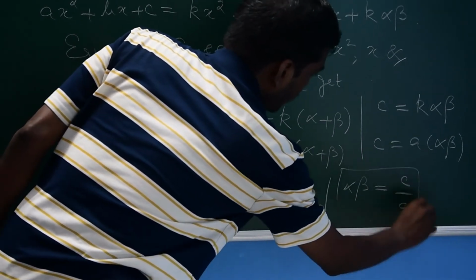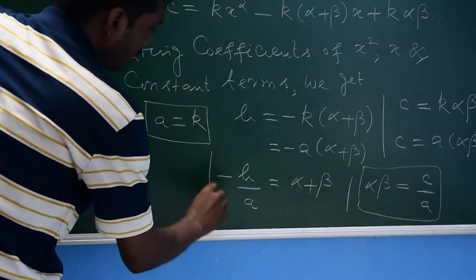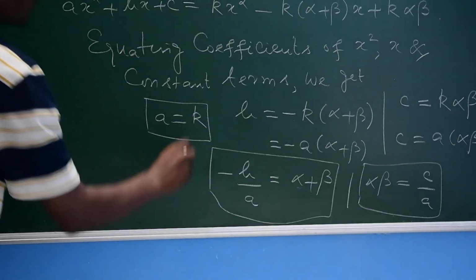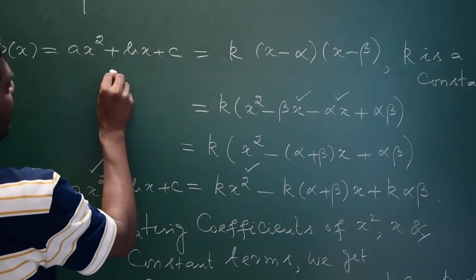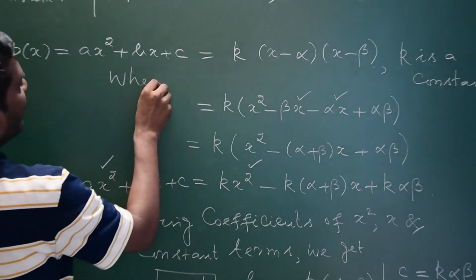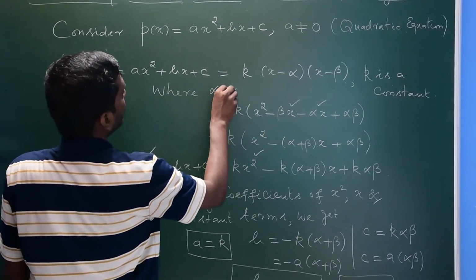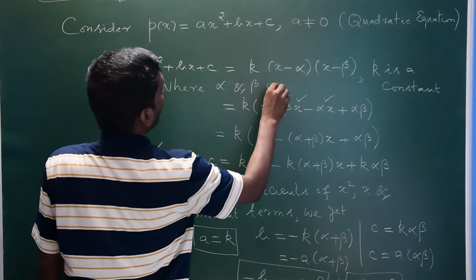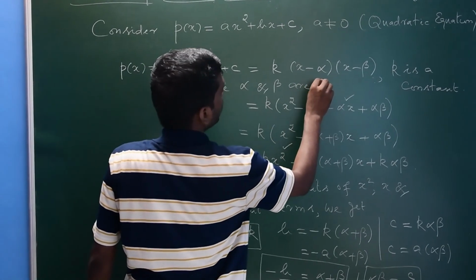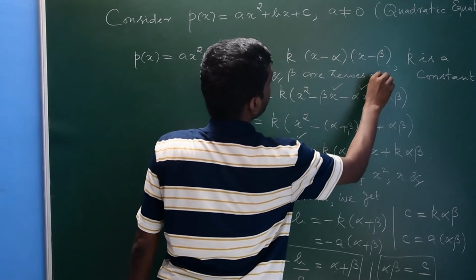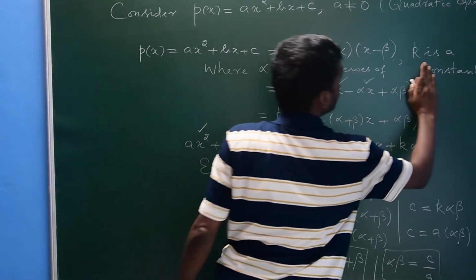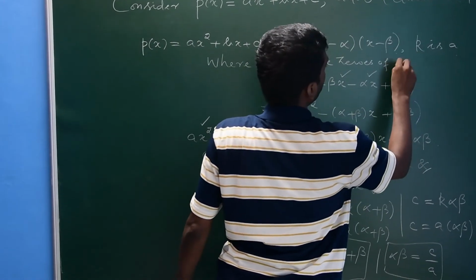What are alpha and beta? We can write here where alpha and beta are zeros of p of x.